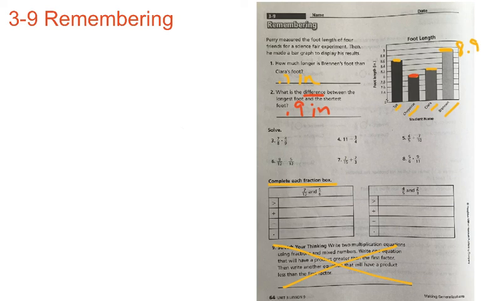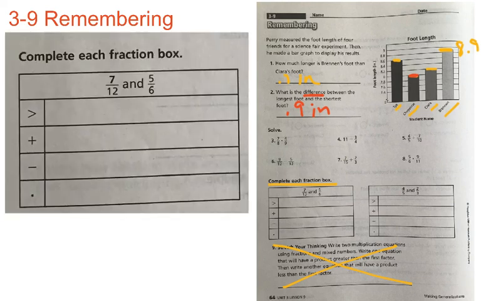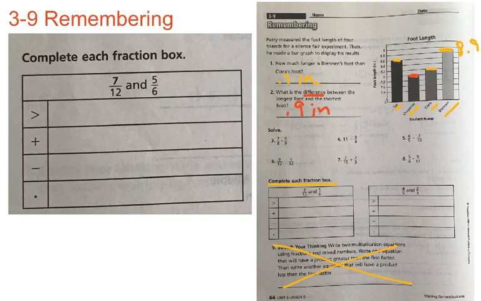Now we're going to go ahead and complete one of these fraction boxes together. I just pulled up the first fraction box and made it a little larger so that I'm able to actually write in the fraction box. In the first one, where we can see the less than symbol, we are simply comparing the 2 fractions, 7/12 and 5/6.